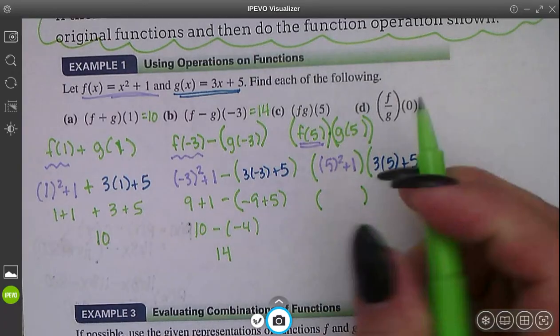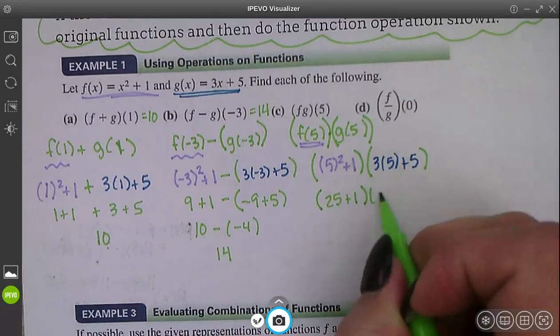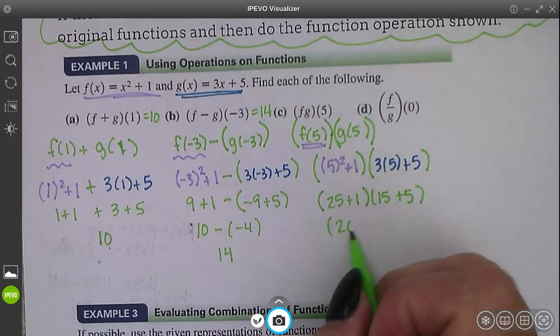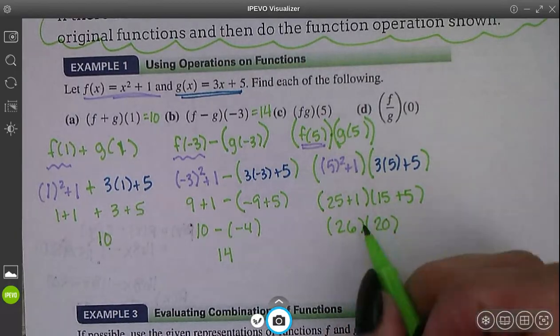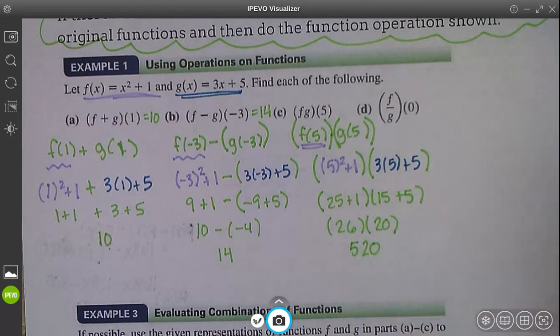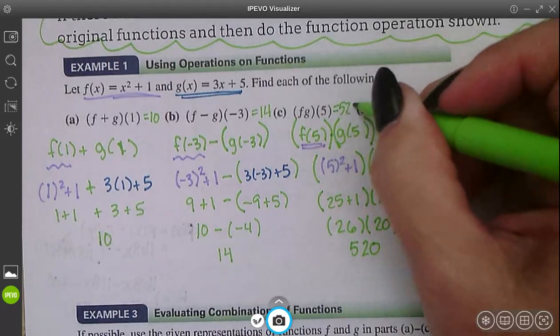So I'm going to do 5 squared plus 1, and then 3 times 5 plus 5. Keep finishing. I got 26 times 20. Let's see, 26 times 2 is 52, and then times 10, so 520. So f times g of 5 would be 520.